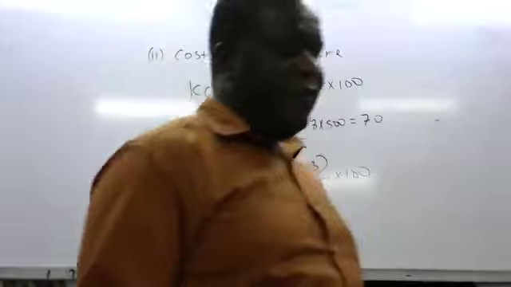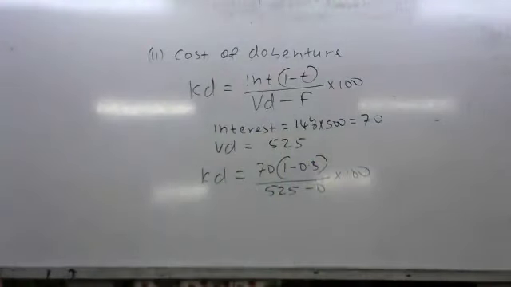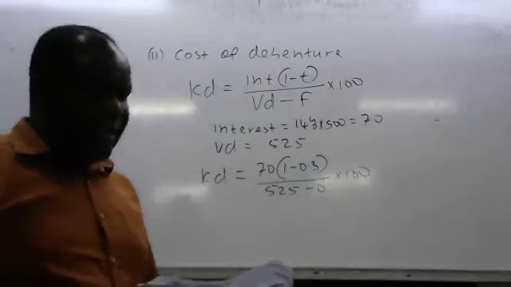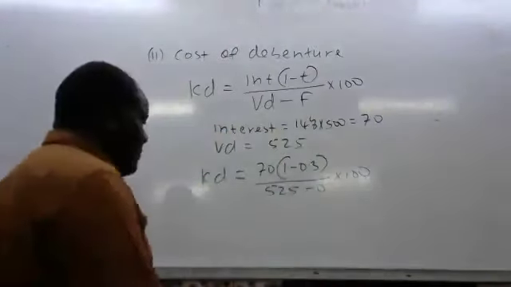9.3. So finally we go to the Roman letter 3. Roman letter 3 is the market weighted average cost of capital.